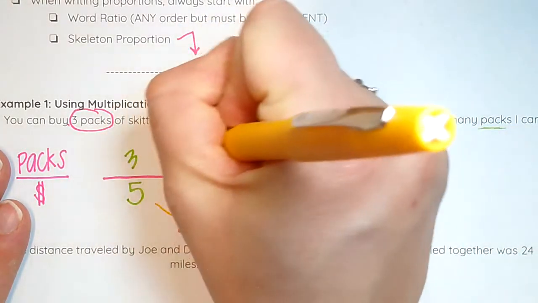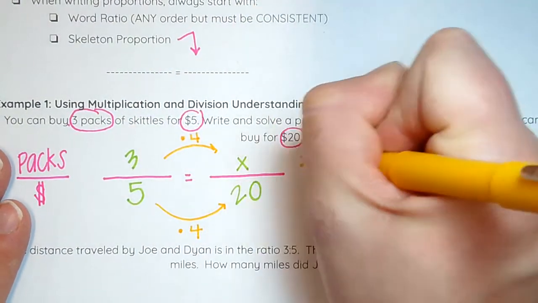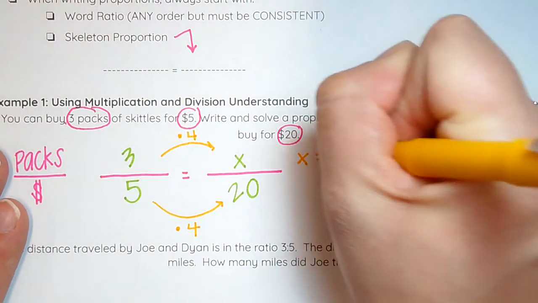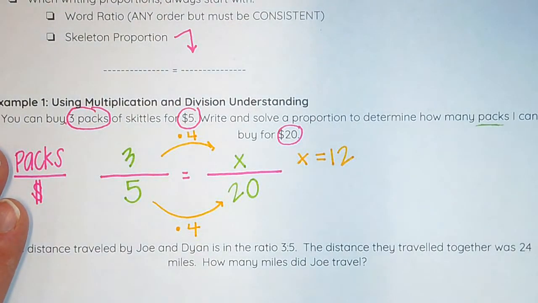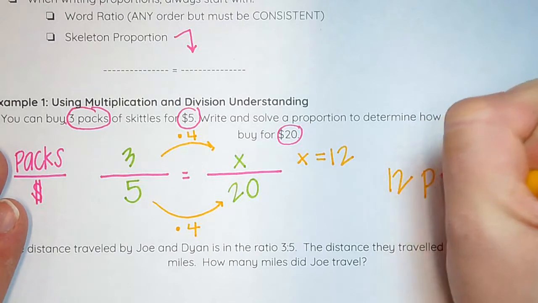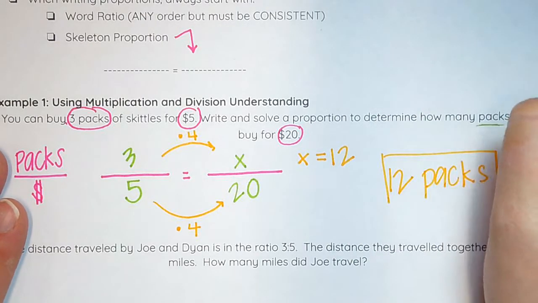Therefore, if I multiply 3 by 4, I can determine that x equals 12. Therefore, I can buy 12 packs of Skittles. And that is my answer.